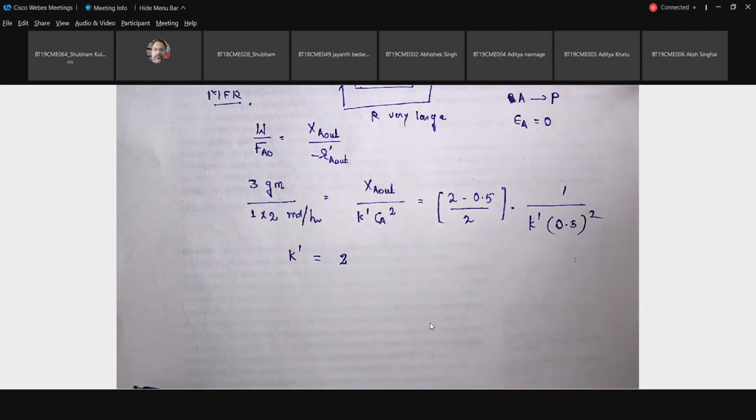Find out the unit quickly. What will be the value? It is 2, but what is the unit?